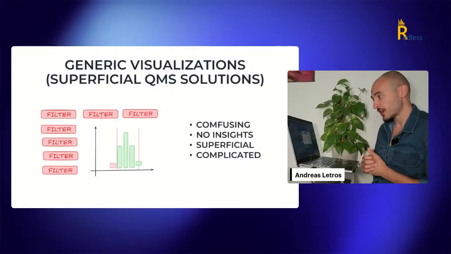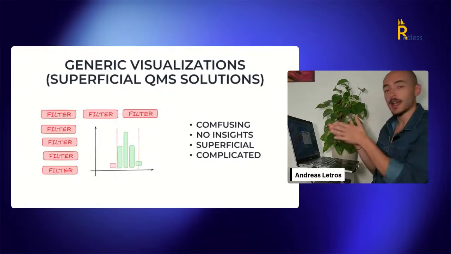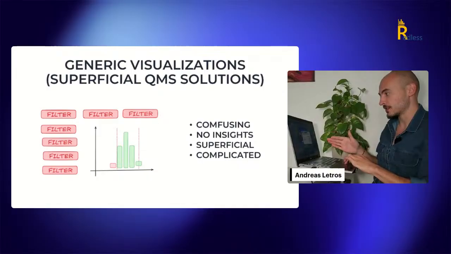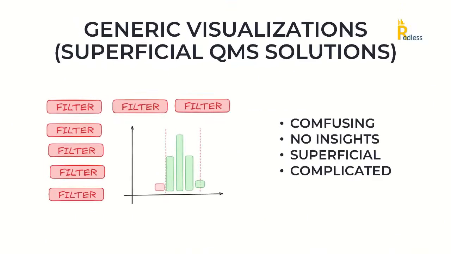And when you wanted to visualize those data, you ended up with something like this: one graph with 6 million filters. Filter for the position, filter for the machine, filter for the measurement, filter for the operator, filter for the day, and I'm like, this doesn't give me any real value.